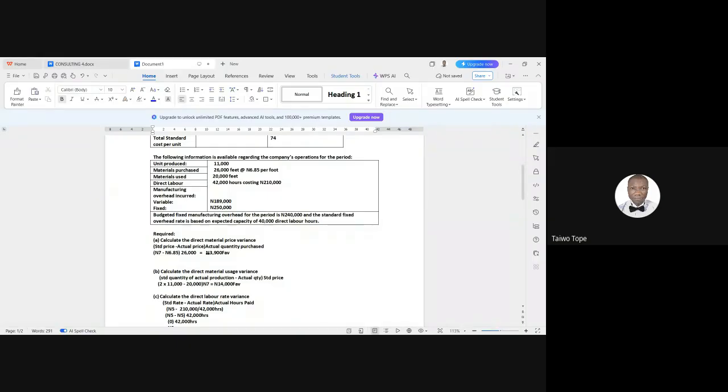Budgeted fixed manufacturing overhead for the period is 240. Okay. What will be your actual production? 250. Okay, very good. Are you sure it's 250? Actual production is 11,000.